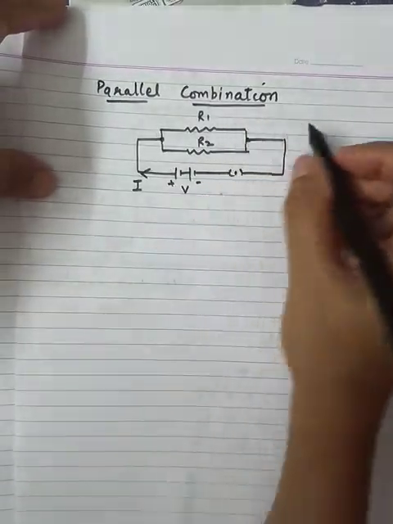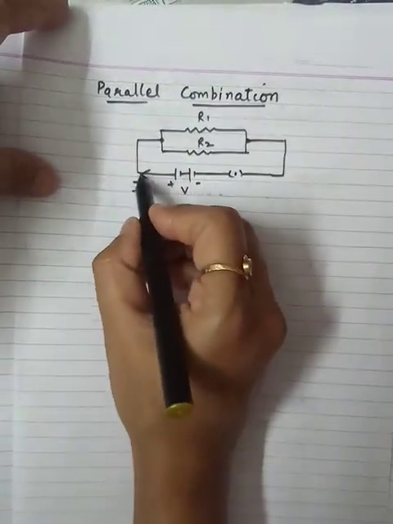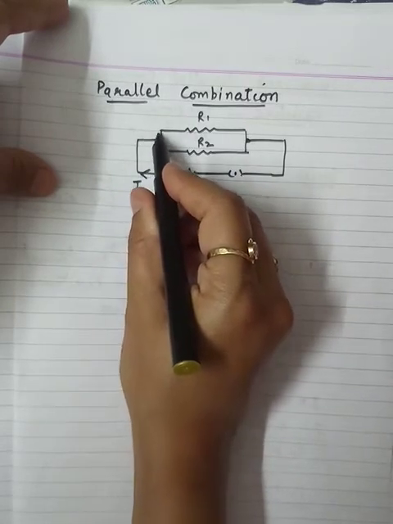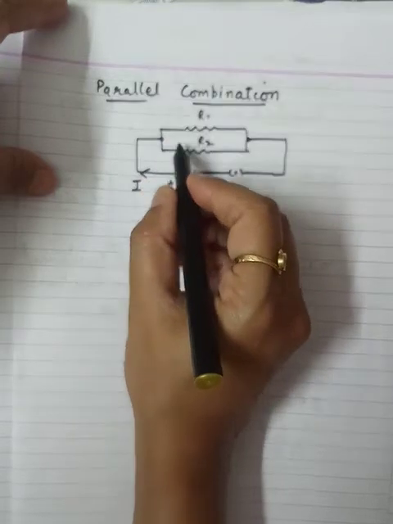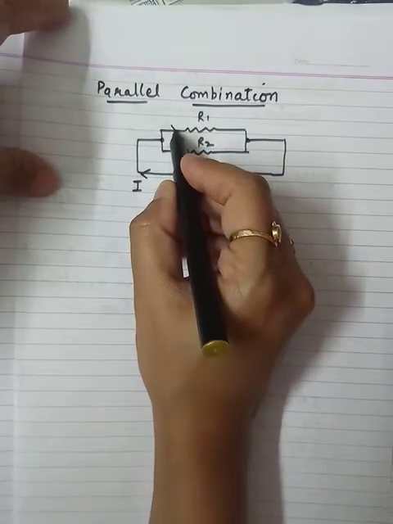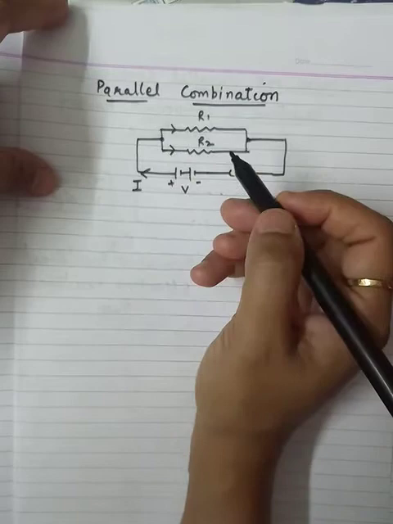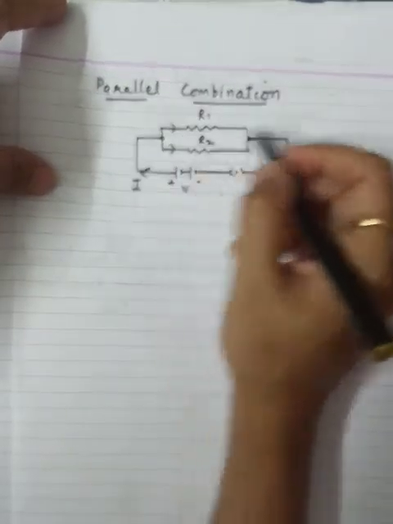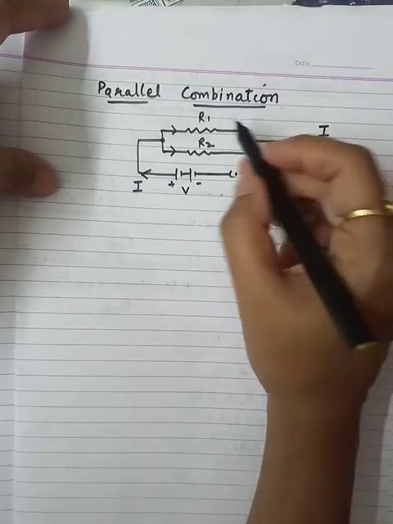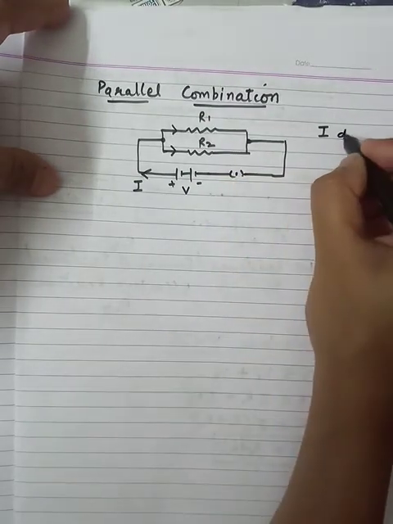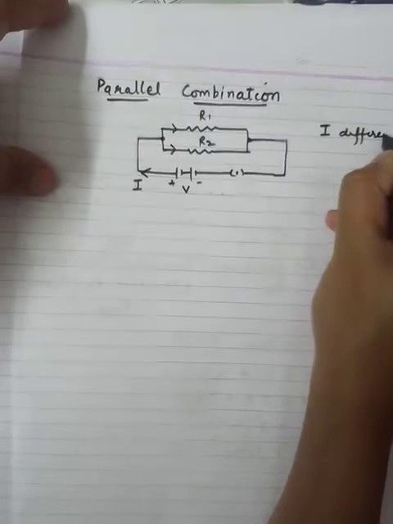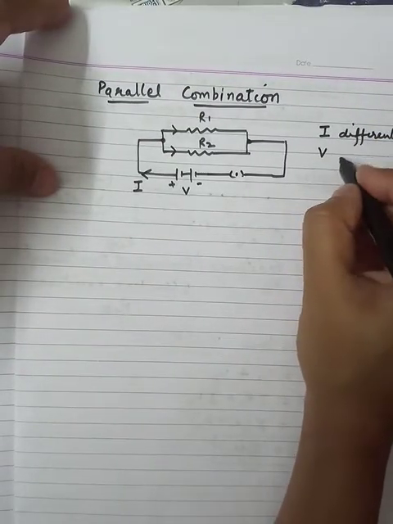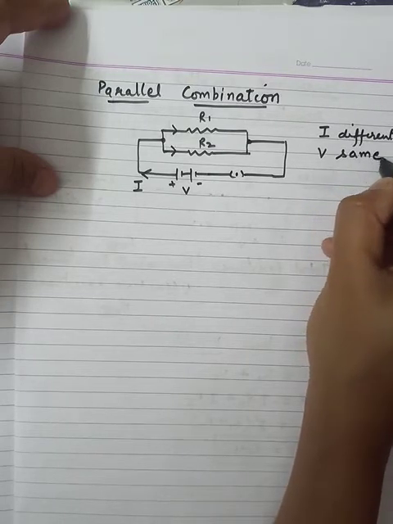Now in this case, parallel combination, we can see the current I is flowing in this wire, and from here the two wires have been divided and the current flowing through this and this will be different. That means the current is divided over here in the parallel combination. So in both resistors R1 and R2, I will be different, and V, that is potential difference, will remain the same.